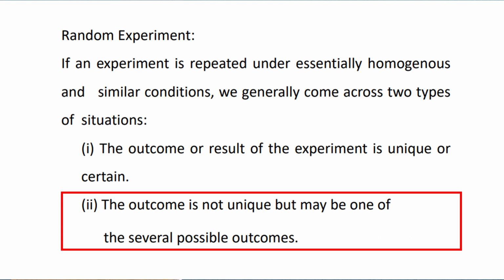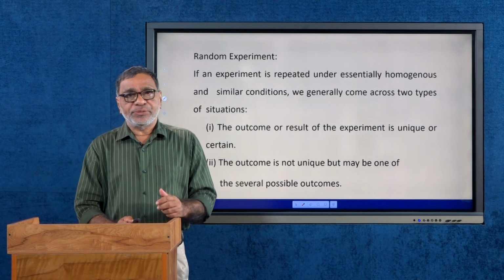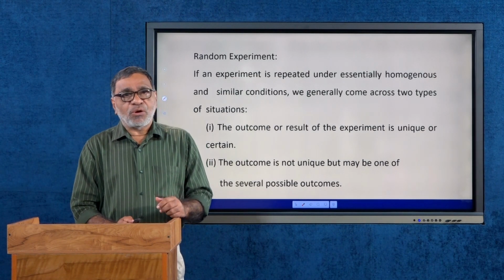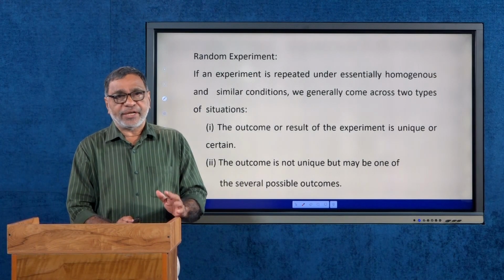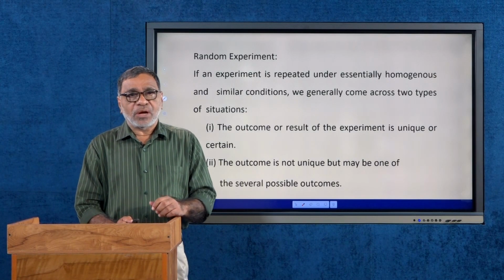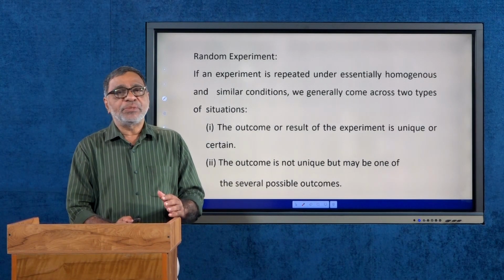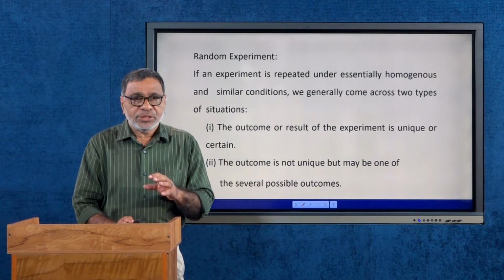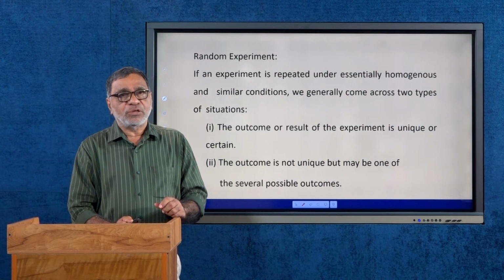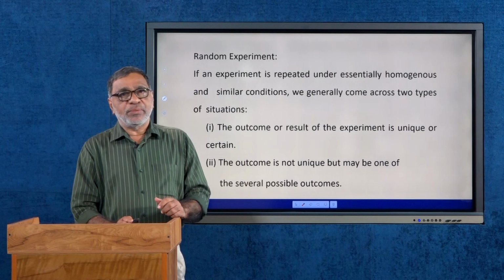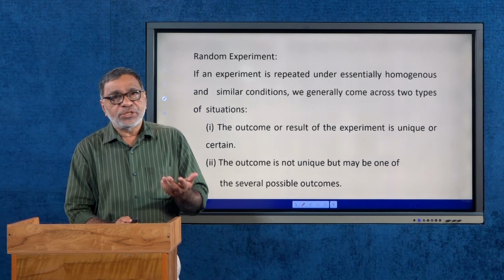The second type is that the outcome is not unique, but may be one of several possible outcomes. Most experiments are of the second type. This type of experiment is known as a random experiment or non-deterministic experiment.